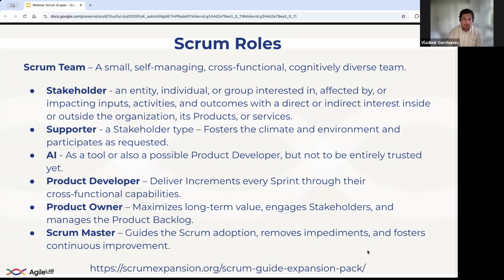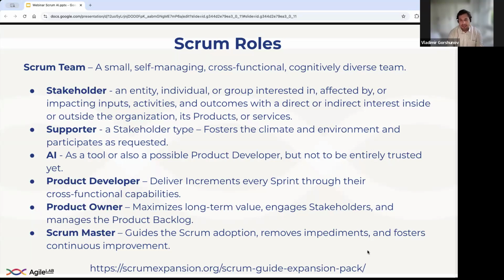But what's new? There are three new roles that weren't explicitly inside the Scrum Guide. First of all, stakeholder is a natural one, but it was never called an accountability or role in the Scrum Guide. Now we're saying stakeholder is a particular role.